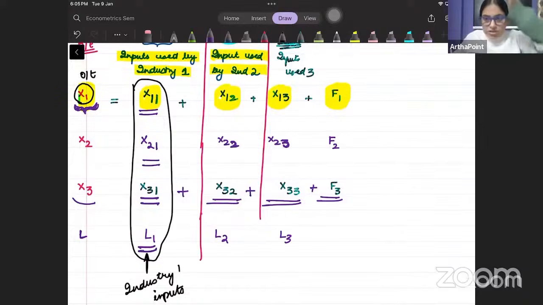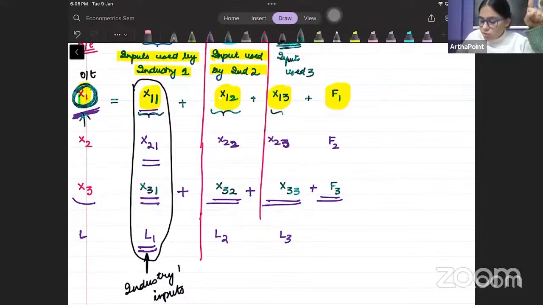So input is reflected in the column. Output is reflected here. Very carefully. बहुत important है बच्चे. बेटा output is reflected here. ये है output. ये जो output x1 है ना, this is distributed to industry 1, industry 2, industry 3 and consumers.